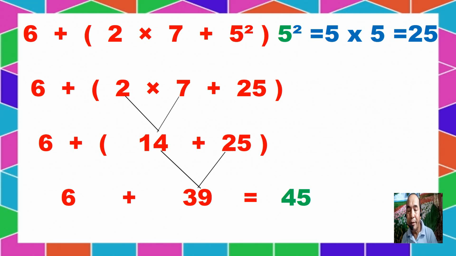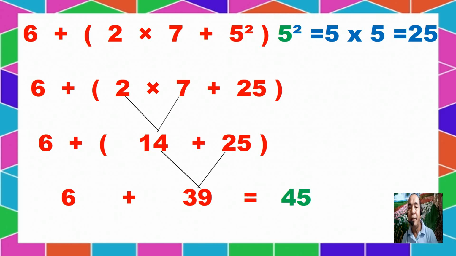Take note that inside the groupings we have the exponential number, which is 5 to the exponent of 2, or 5 to the power of 2. So, we will first find the value of the exponential number. 5 to the exponent of 2 means we will multiply 5 two times. We have 5 times 5, so the value is 25.